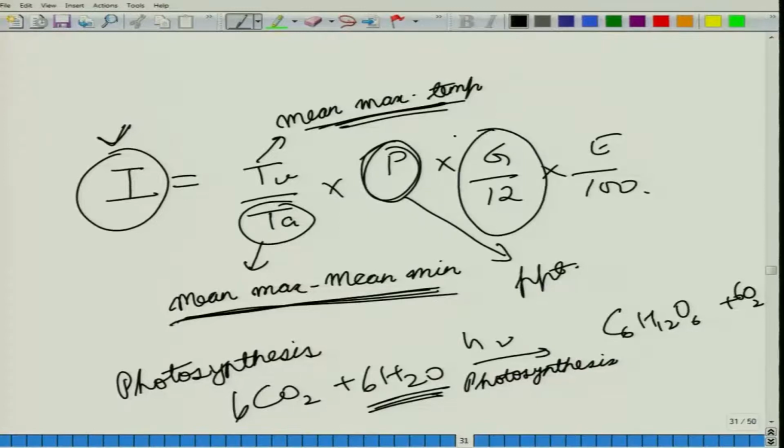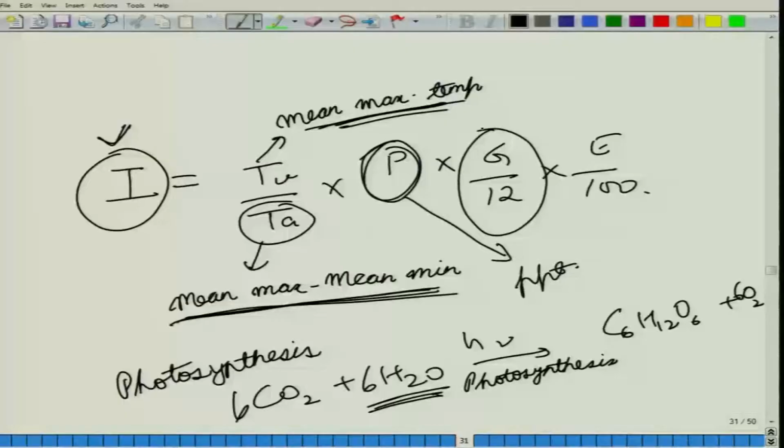Now, G by 12: G refers to the growing season in months, so G by 12 is the growing period in a year. For instance, if the growing season is 3 months, your G by 12 value will become 1 by 4. So, only in one quarter of the year are your plants able to grow, whereas if your G is 6 months, your G by 12 becomes half.